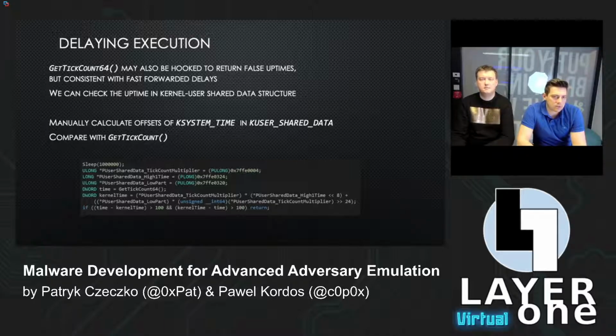That's read-only, only modifiable by the kernel, and less likely to be tampered with by the sandbox. So I think it's the most reliable source of information for the system uptime. We could use this to check if those 100 seconds that we should have slept have actually passed or not.